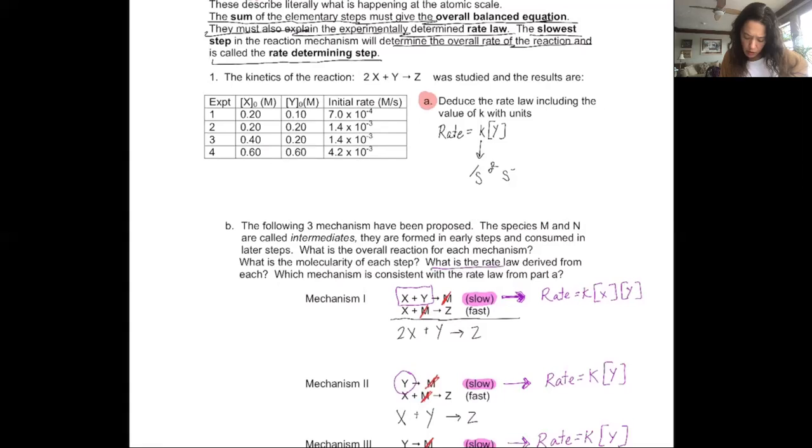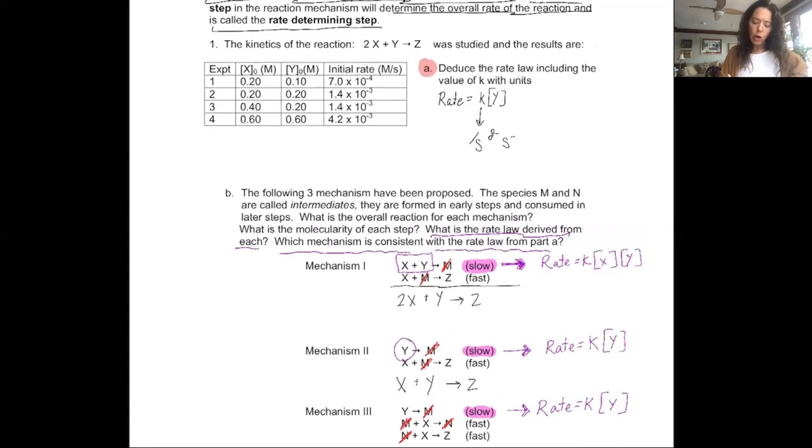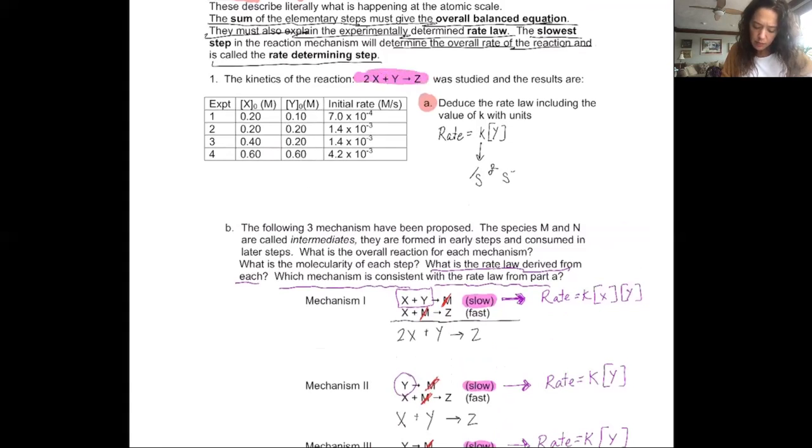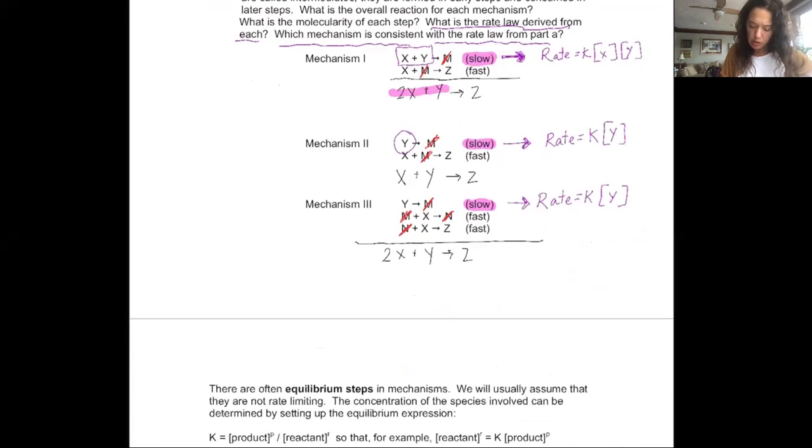Let's go back up to our question here. What is the rate law derived from each? Well, we just did that. We just looked at the slow step and looked at the reactants. Which mechanism is consistent with the rate law from part A? Well, the rate law from part A has this reaction. So we need to find the overall that is 2x plus y yields z. Well, this is 2x plus y yields z. This is 2x plus y yields z. This here is not.